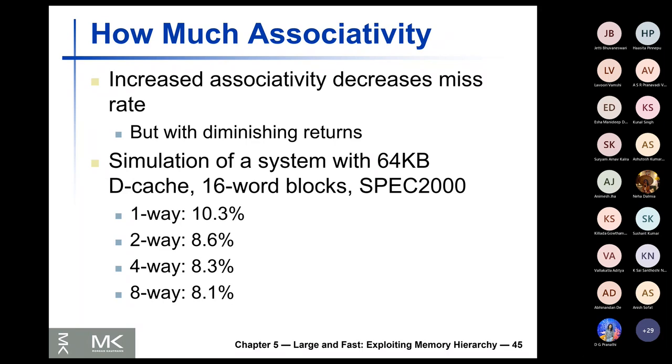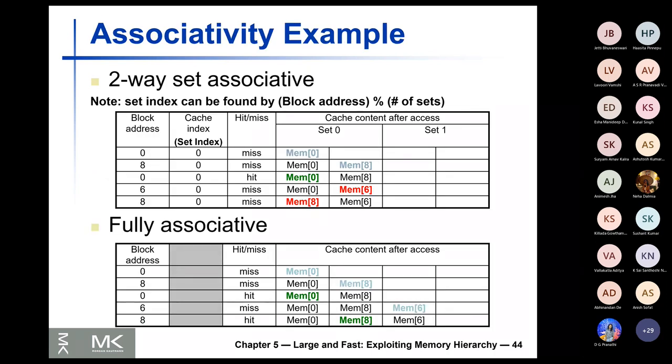But beyond that, an Amdahl's law type of law of diminishing returns sets in, where it becomes more and more difficult to implement the cache, but at the same time you do not get sufficient improvement in the miss ratio. So it's not worth it actually. Some examples were given where we found that fully associative cache actually is the best option.